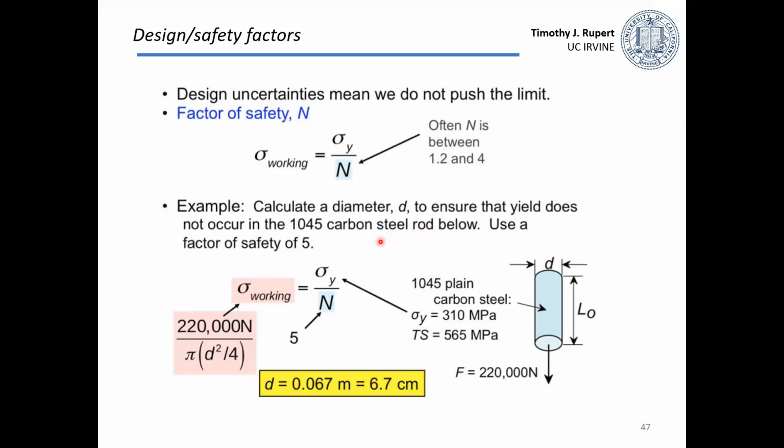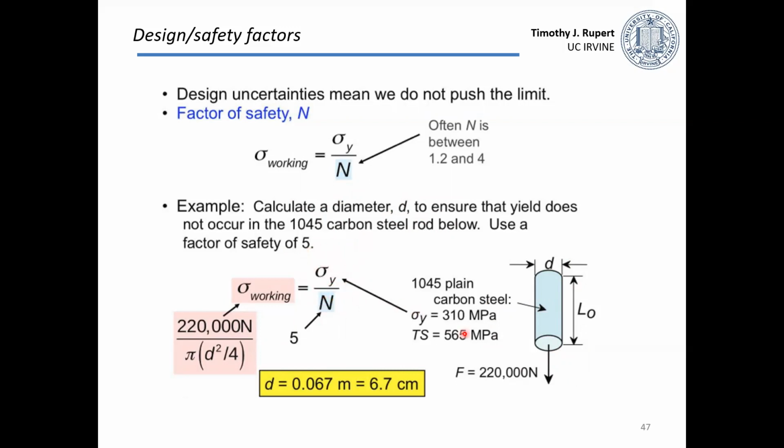You could be asked a question like, if you're given a material, a certain carbon steel, you know how it's loaded. So it's loaded with a certain force. Calculate the diameter that you would need to make this part out of so that it would survive with a safety factor of 5. Okay? So all that this did was, in this case, N is your safety factor, so that's given in the problem.